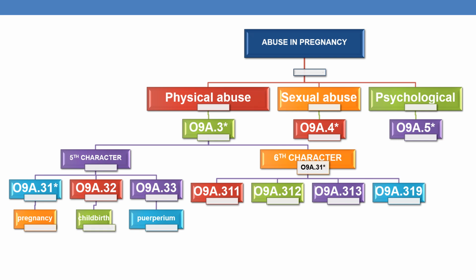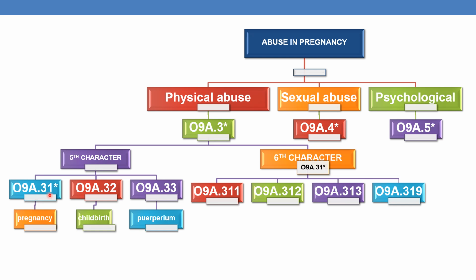Now let us see the overall abuse codes. Abuse in pregnancy is categorized by physical abuse, sexual abuse and psychological abuse. Physical abuse is given by the subcategory O9A.3, whereas sexual abuse is given by the subcategory O9A.4 and psychological abuse is given by the subcategory O9A.5. In all these three cases, there is some commonality between the fifth character and the sixth character. For example, I am taking the O9A.3 series; it is common for O9A.4 and 5.